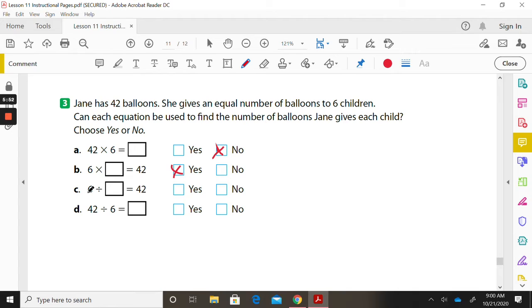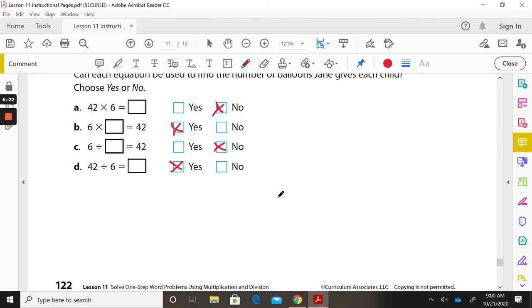It's the dividend. So 42 should actually be here. So this equation is not correct. 42 divided by 6. There we go. This one actually looks correct because we've got our larger number as our dividend divided by this number to get the answer we would be looking for. So yes. So those are the answers for number 3. Please check your work and change anything you need to change. Let's move on to number 4.